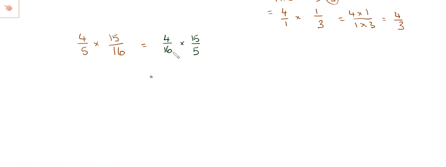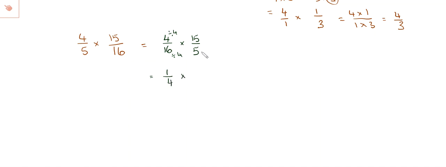So 4 sixteenths simplifies by, well, it does by 2 as well, but let's go all the way to 4, the highest common factor. So 4 divided by 4 is 1. 16 divided by 4 is 4. Good.